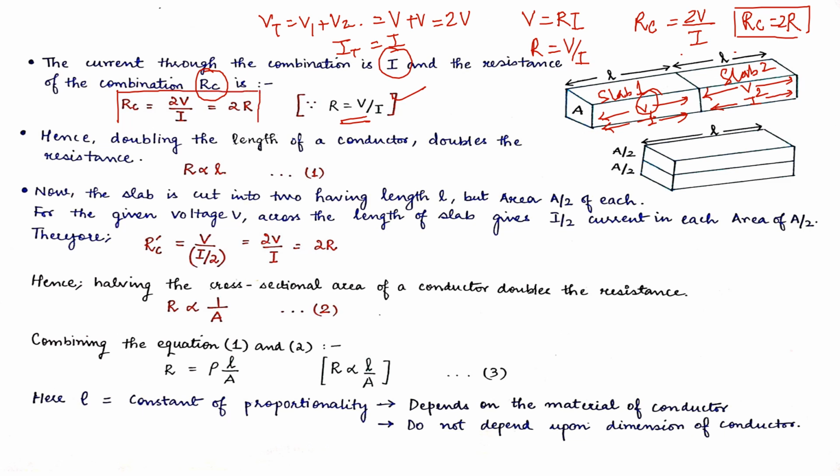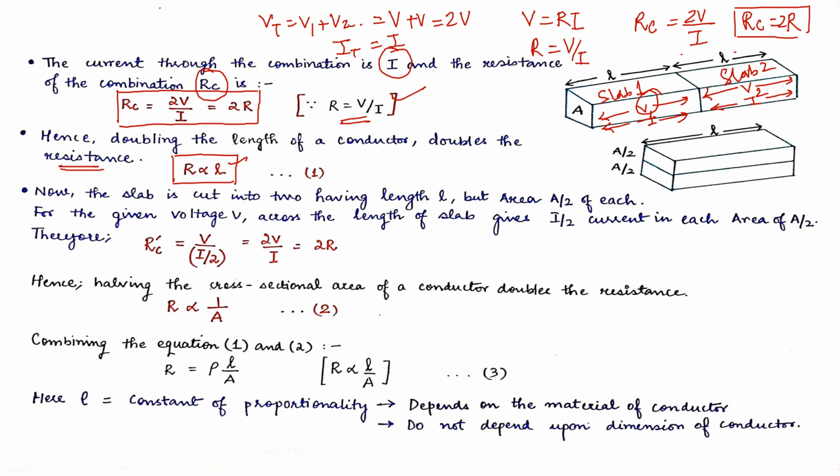RC equals 2V upon I. Hence doubling the length of a conductor doubles the resistance. This is very important. So resistance is directly proportional to length.